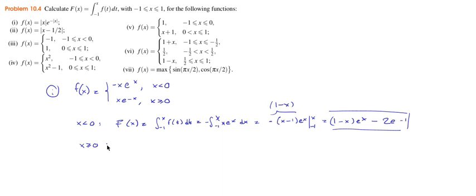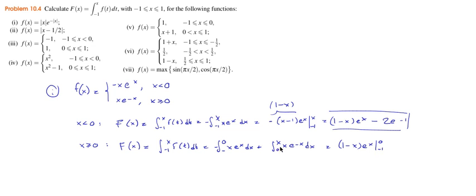If x is greater or equal than 0, then we have F is the primitive of this function between -1 and x. Now between -1 and 0, this is going to be the primitive of this, and then between 0 and x it is going to be the primitive of x e to the minus x, right? Now this again is 1 minus x e to the x between -1 and 0, and this one is going to be, let's see, minus x plus 1 e to the minus x between 0 and x.